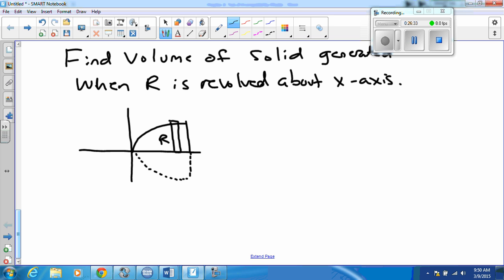It represents the radius of one disk that's going to sweep around and form a single disk here. I'm going to label that, just as I did before, dx.